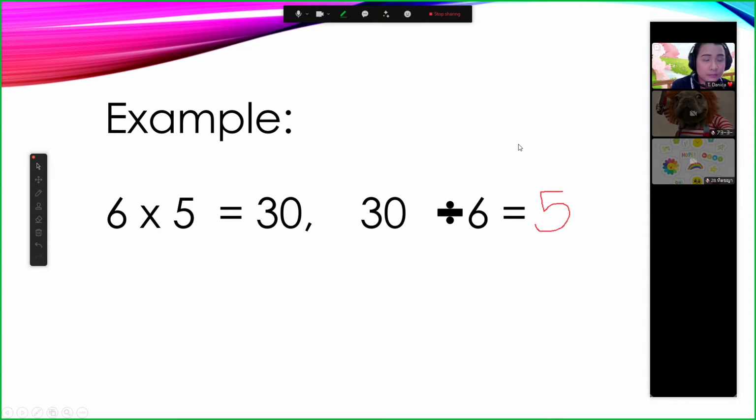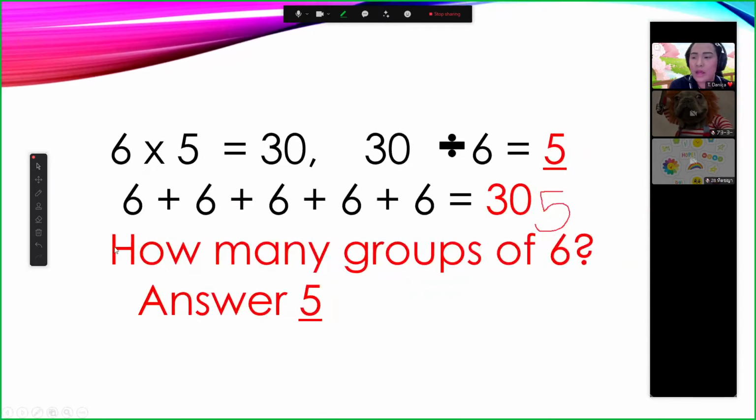Finished? Next. The first question is 6 times 5 equals 30. It's the same as 30 divided by 6 is 5. When you multiply, it's the same as addition, right?